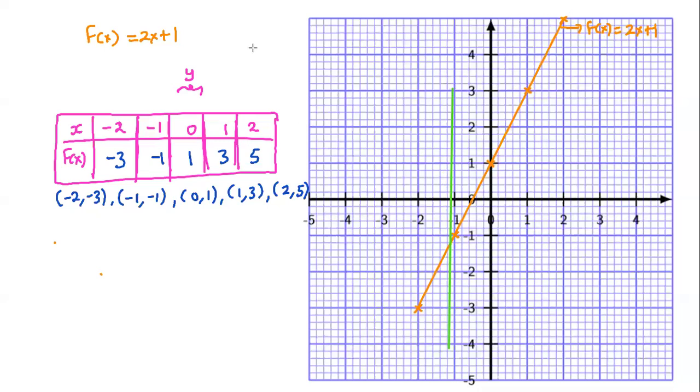Allow me to first mute people. You notice that this line can meet our curve only at this point, and therefore we shall say that this is a function. And if something is a function, then you check out whether you can obtain its inverse.